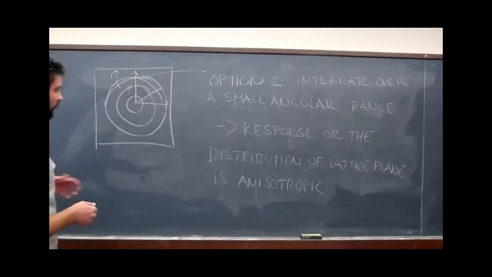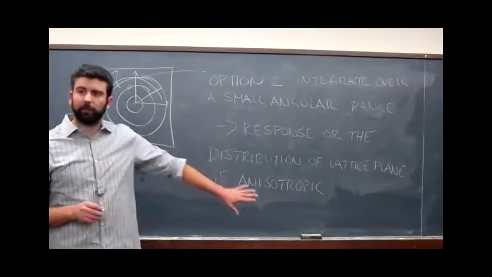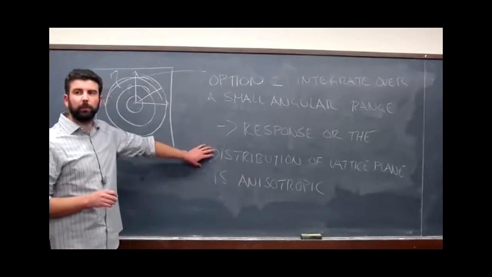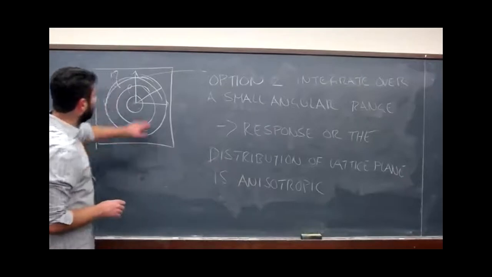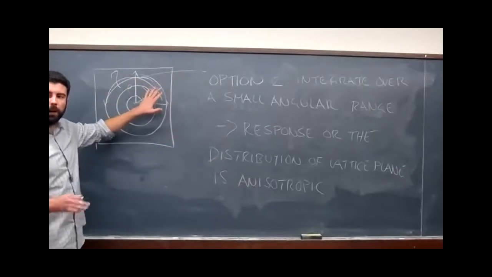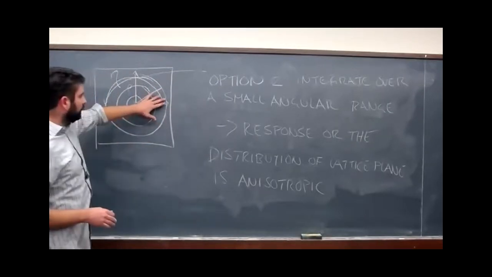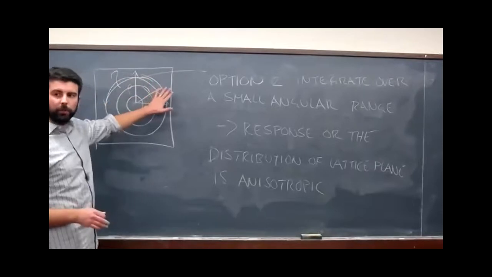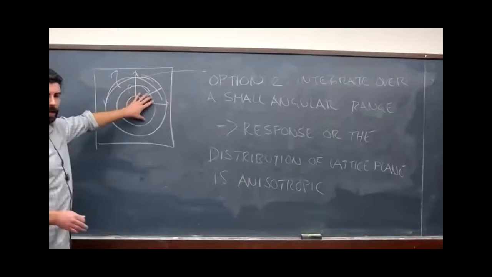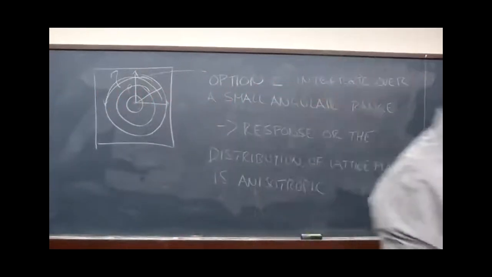And in addition, most materials in their as-processed state tend to have what we call texture, or a preferred distribution of crystallographic orientations, which would mean that the intensity varies around the ring because certain lattice planes are preferentially oriented in certain directions. So we would like to, one, figure out that distribution of orientation around the ring, and two, look at how that distribution responds under mechanical load.